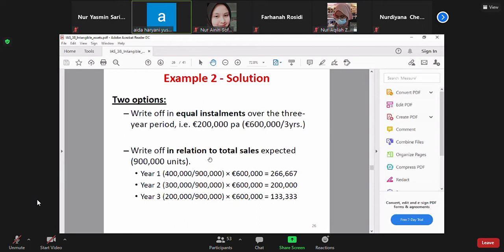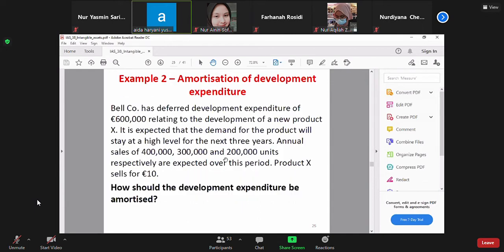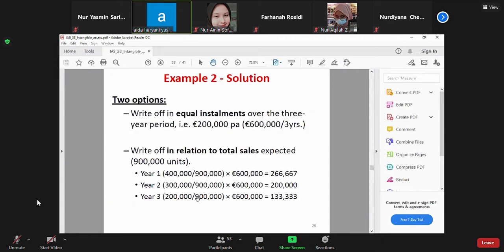So, if they use the second option or second choice, they will follow the total sales expected. This is the budgeted total sales. So, they budgeted that in year 1, 400,000, then 300,000 and 200,000. So, they will take the amount of the sales, average it. So you will have the amount here.